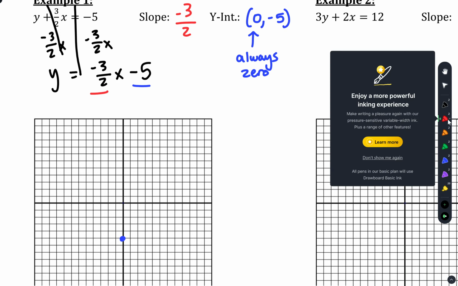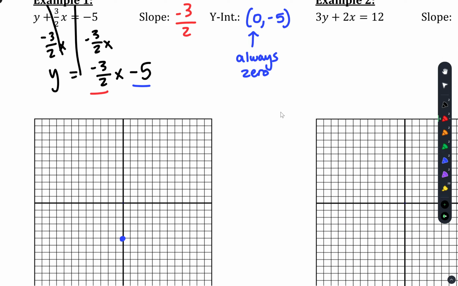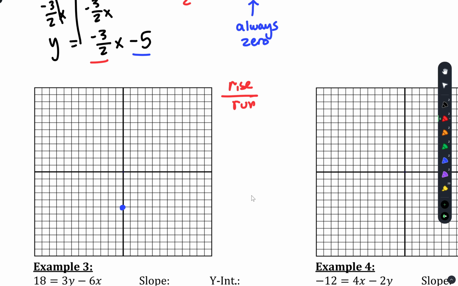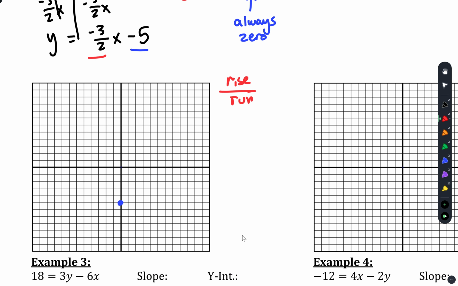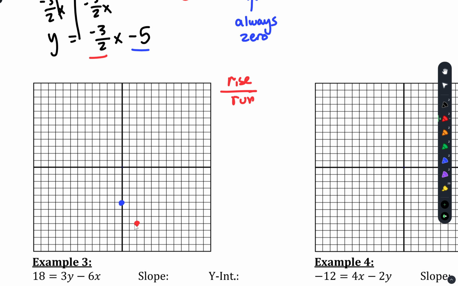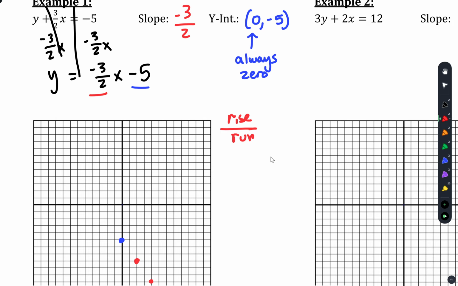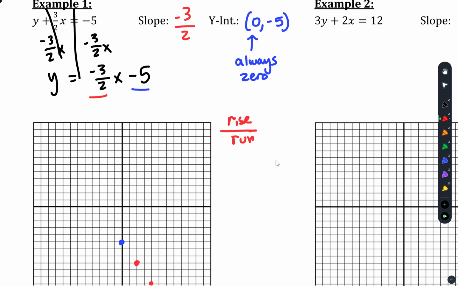And then I use my slope, which is negative 3/2. I'm thinking rise over run. So if I'm rising negative 3, I go down 3. Run 2 means I move to the right 2. If I wanted to go backwards, the other direction of my graph, we flip the signs.